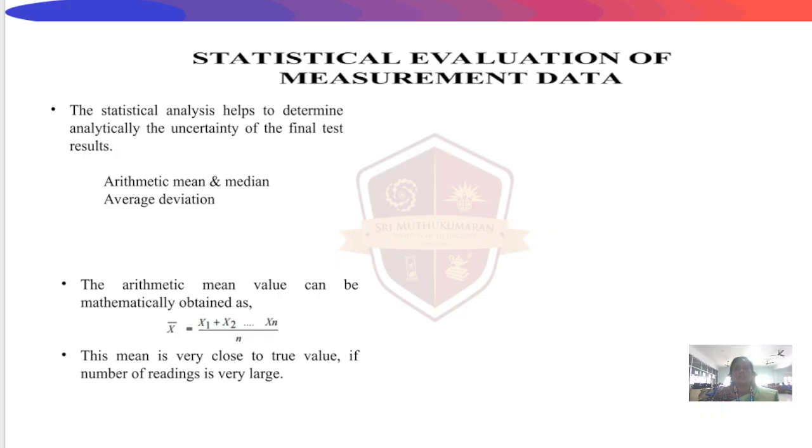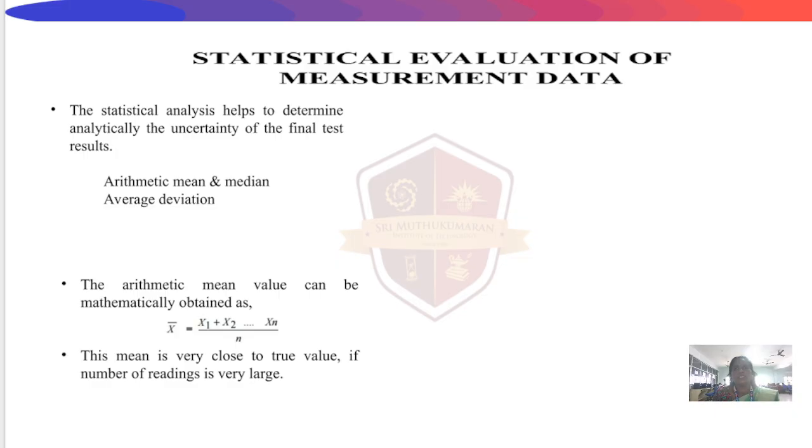Now let us look at the arithmetic mean. The arithmetic mean is mathematically given by x bar equal to x1 plus x2 plus and so on up to xn divided by n. Here x1, x2 up to xn are the individual measured values and n is the total number of readings. This arithmetic mean represents the average value of all the readings.